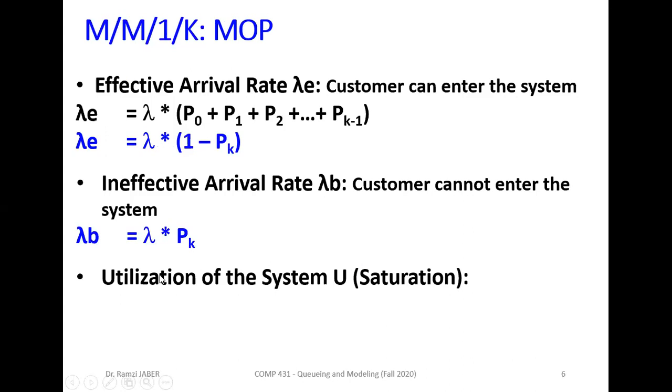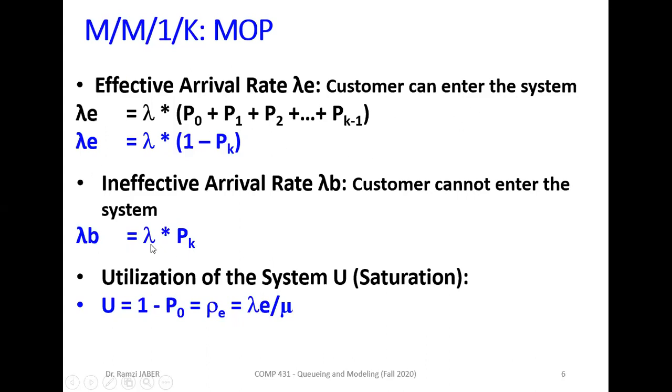Okay. Utilization of the system U at saturation: U equals 1 minus P0 equals rho effective. Rho effective equals lambda effective over mu. So we work only with lambda E, at which customers enter the system.